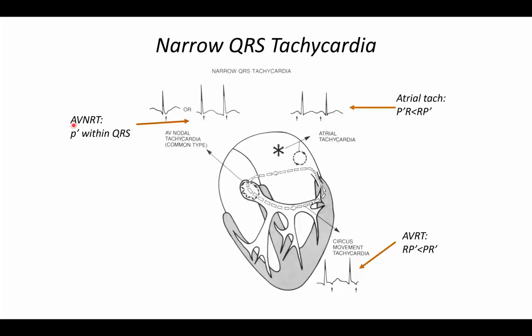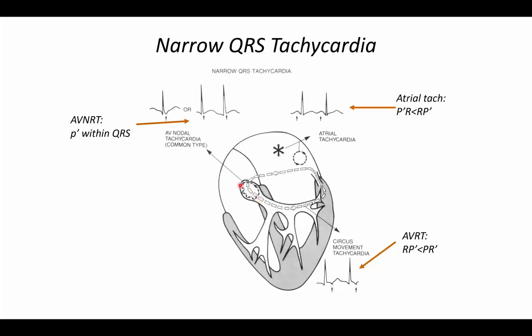That's why in AVNRT you can get 2:1 AV tachycardia, A more than V, and very rarely 2:1 VA tachycardia, more V, less A, a narrow QRS tachycardia, which is a positive HV tachycardia. Remember this. Activation of A happens from this circuit to the node, and activation of V happens from this circuit through the His to the ventricle.